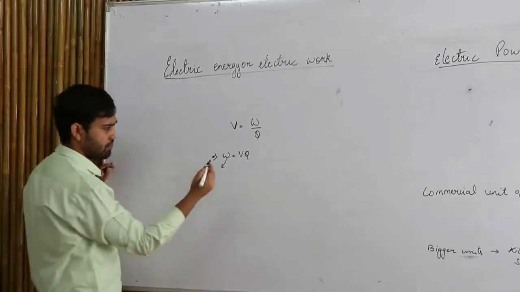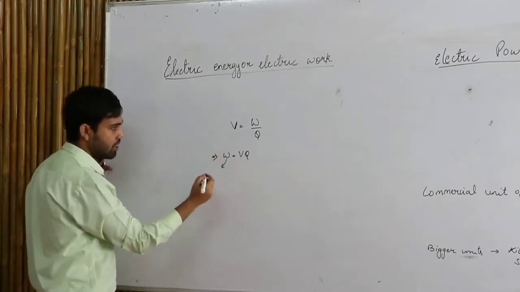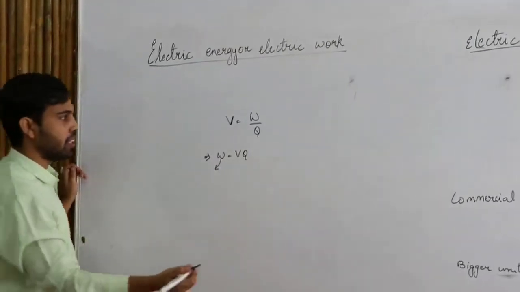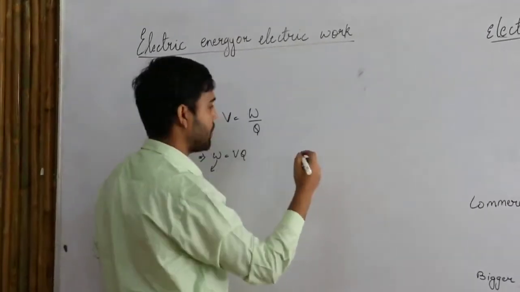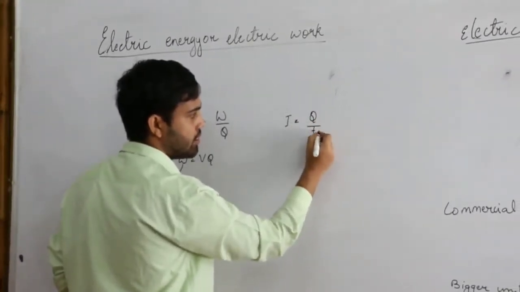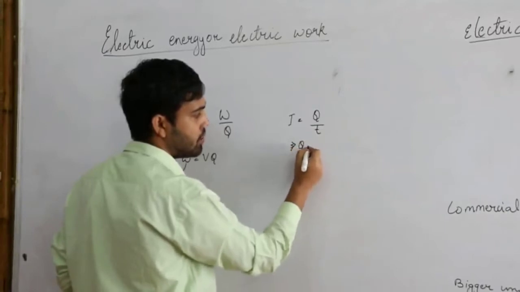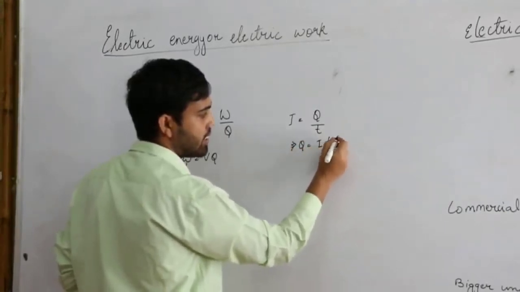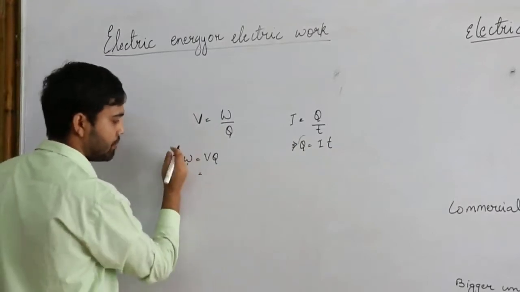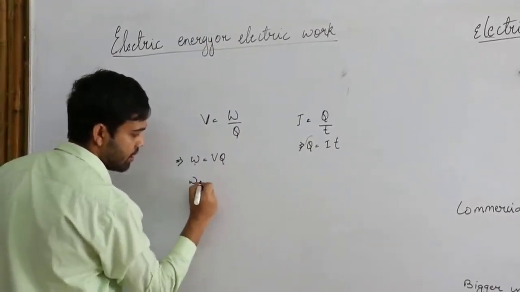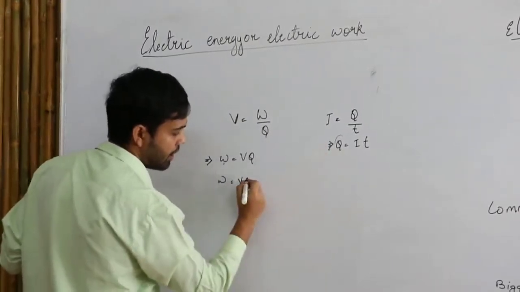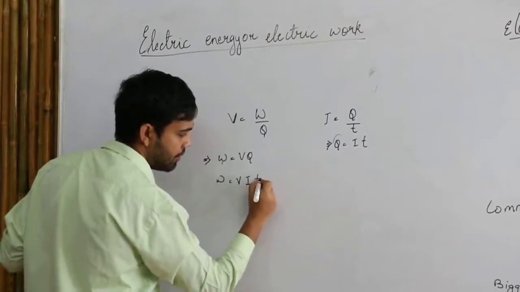Okay, so earlier, when we did the topic of electric current, we learned the mathematical formula for electric current. I have I is equal to Q by T. So from here I have Q is equal to IT. I can substitute this value of Q in here. So when I do that, I have W is equal to V, then instead of Q I have IT.